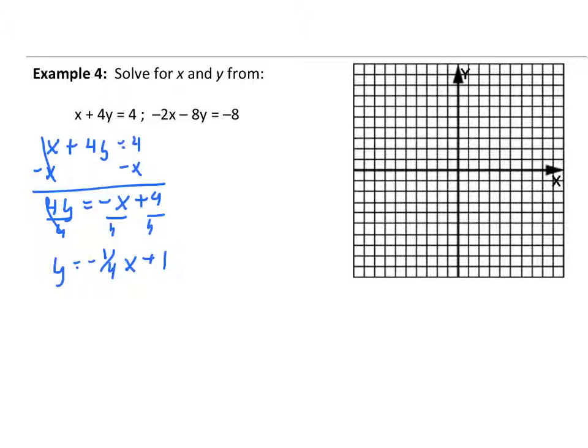Okay, so that's the first one. I'm going to go ahead and graph that at plus 1, and then down 1 over 4, down 1 over 4, if I can count correctly, and draw a line. So now I'm going to do the other equation. So I have negative 2x minus 8y equals negative 8.